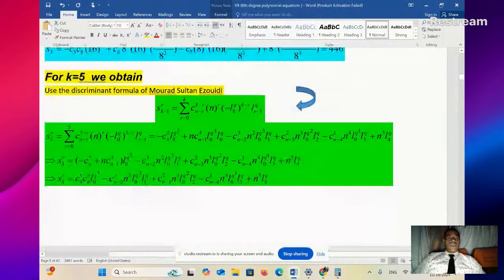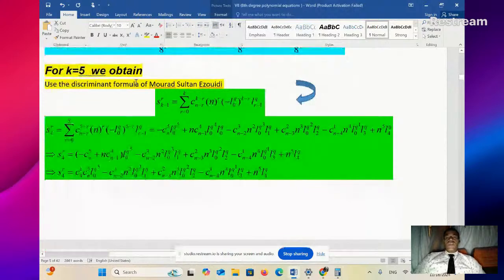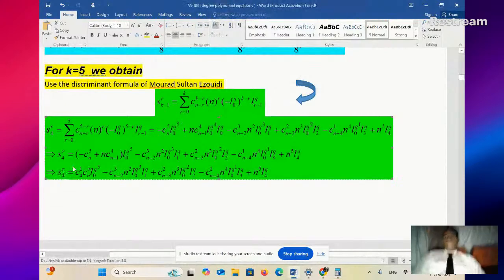To find S4, according to my formula, you are just going to put k equal 5, and then you will obtain the fifth coefficient of your new 8th-degree polynomial equation.